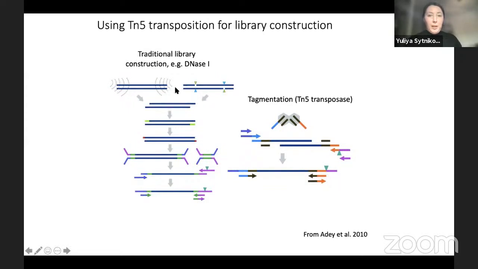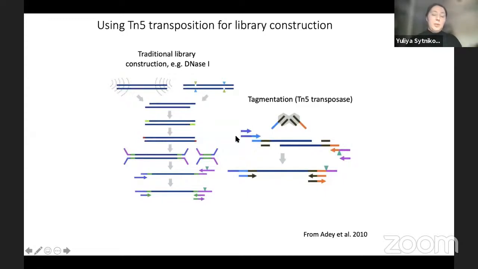Tn5 is actually used for a number of methods. By preloading hyperactive transposase with pieces of DNA that serve as PCR and sequencing adapters, you could very efficiently both fragment DNA and insert adapters.